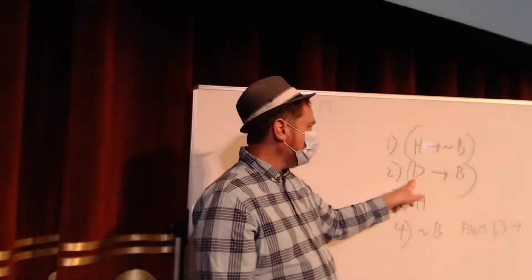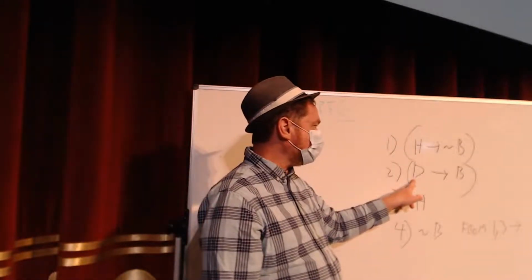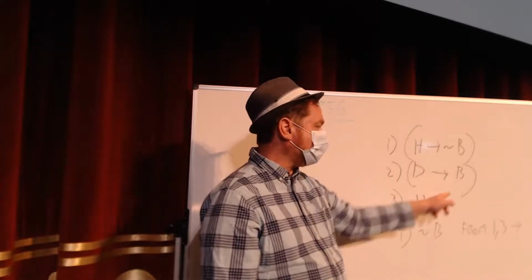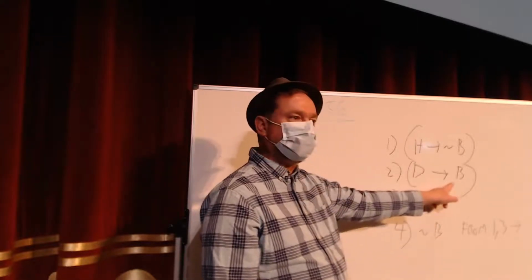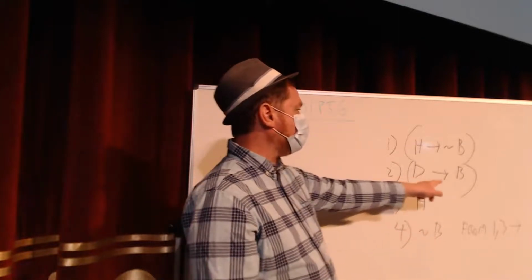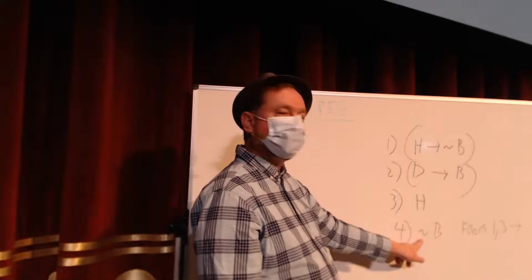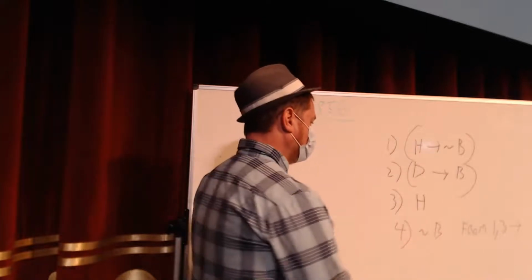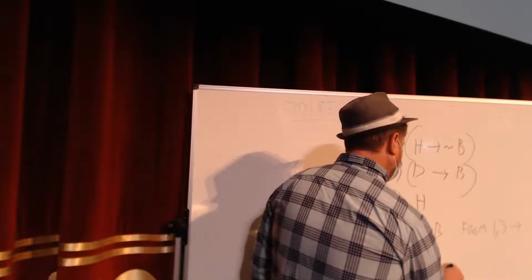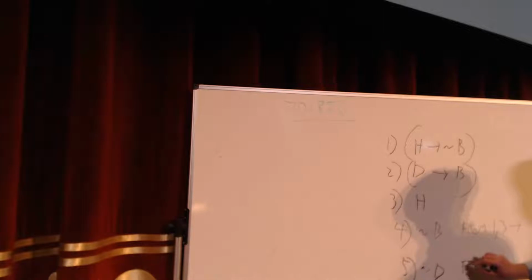One says I can get an inference if I can match the left. But there's a second one that says I can do an inference if I can get the opposite of what's on the right of the arrow. So because I have if D, then B, and I have not B in statement 4, I can therefore get not D, which is from 2 and 4.